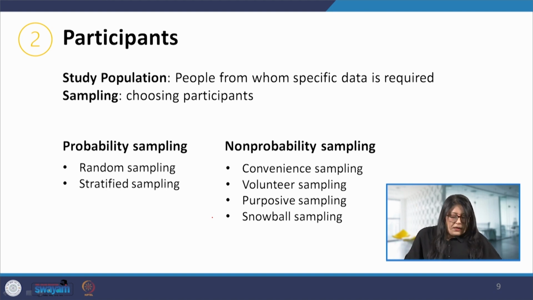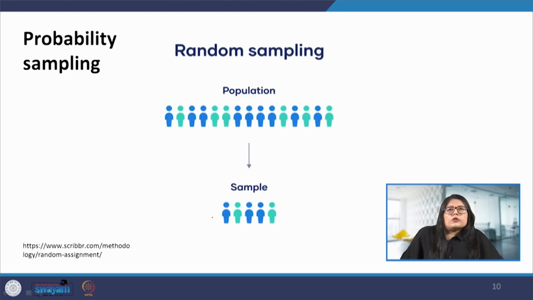In probability sampling, the most commonly used approaches are simple random sampling and stratified sampling. And in non-probability sampling, the most commonly used ones are convenience sampling, volunteer sampling, purposive sampling, and snowball sampling. So, the first probability sampling technique is simple random sampling.